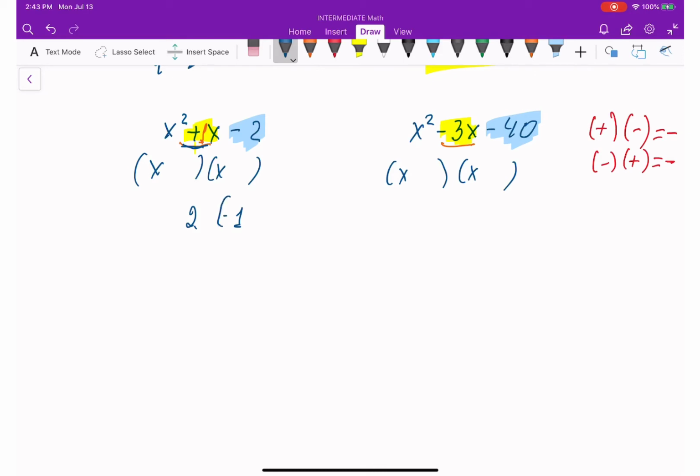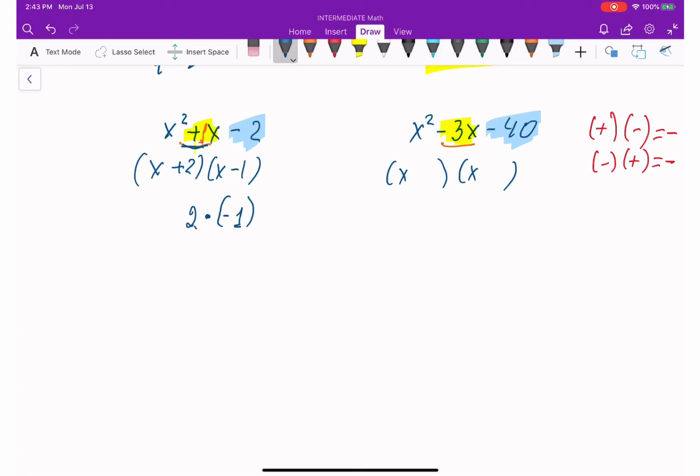Therefore, I put here negative sign for 1. Well, and 2 itself is already positive, right? And since there is no other combination of this at negative 2, therefore we check. 2 and negative 1 together will give us positive 1. There we go, we got the answer. Plus 2, and here is minus 1.